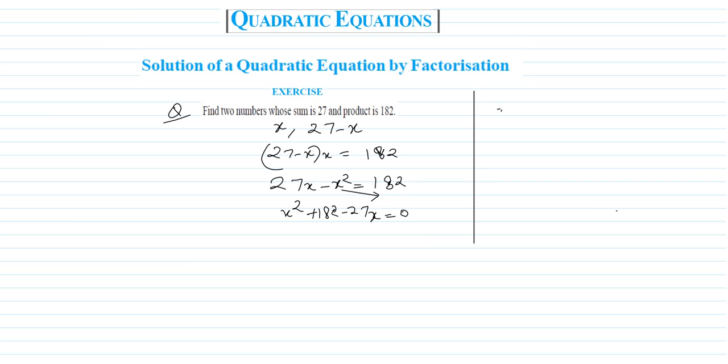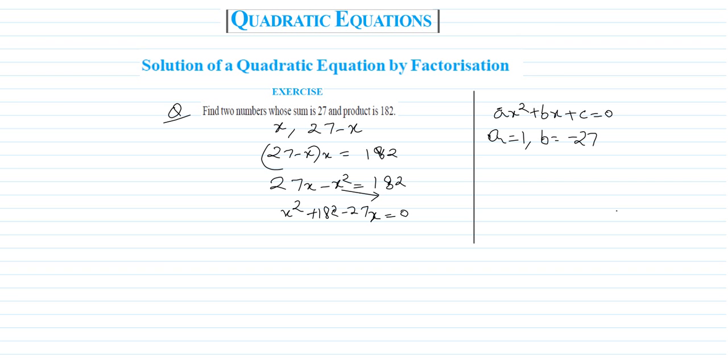If you compare these equations with the standard quadratic equation, the coefficient of x square, that is a, is equal to 1, b, that is the coefficient of x, is minus 27, and c here is 182.